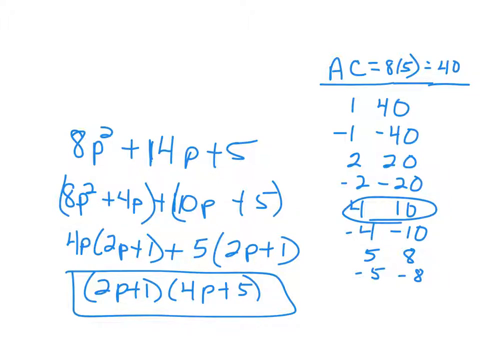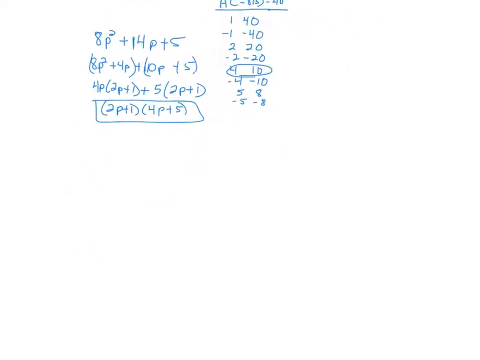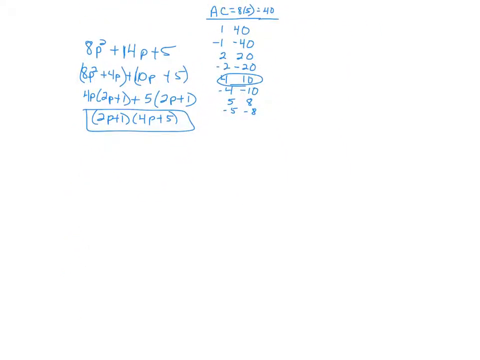Now, did you catch what I was saying earlier? Let me illustrate it just in case you didn't. I said it's possible that someone else might have worked that problem and put the 10P first and the 4P second. So is that going to create a problem if that happens? Well, let's see if it would.